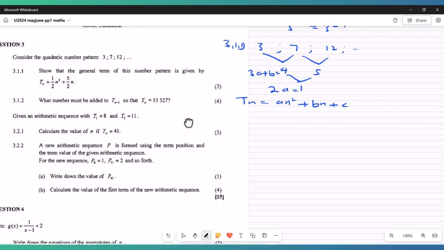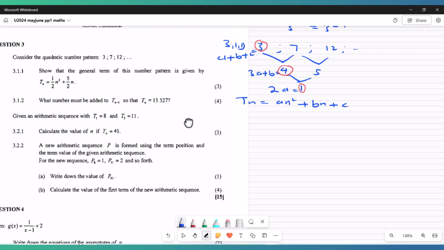And then our t1 is a plus b plus c. So don't forget my 2a equals 1, my 3a plus b equals 4, and my a plus b plus c equals 3. So I'm going to solve them to find my expression for Tn.